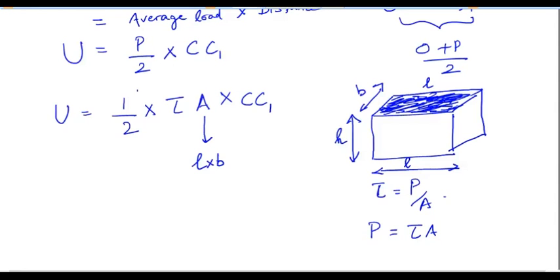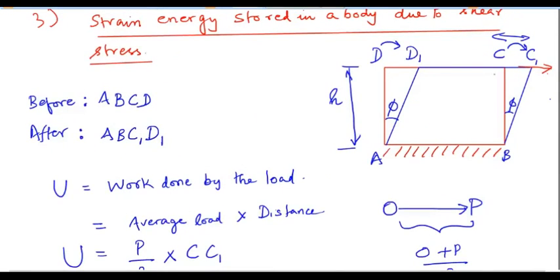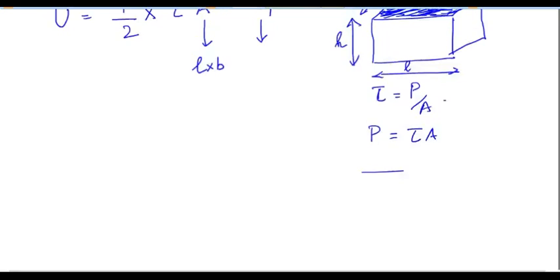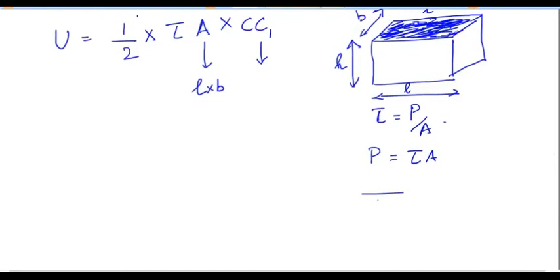And for CC1, what is this CC1? This CC1 is the side of the triangle BCC1.